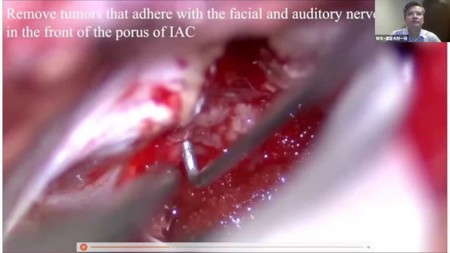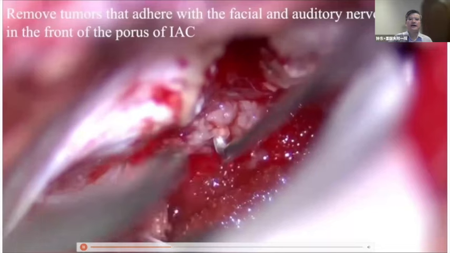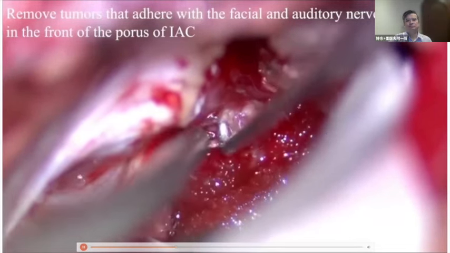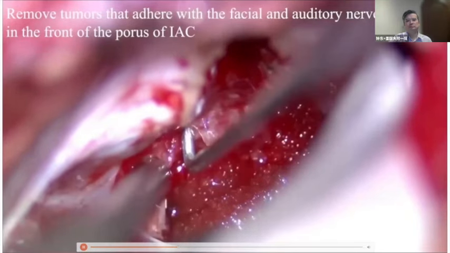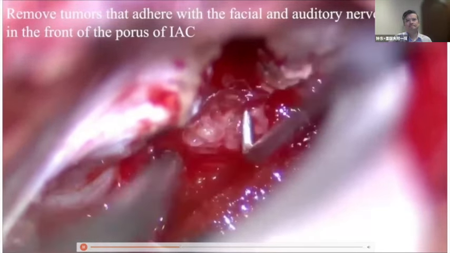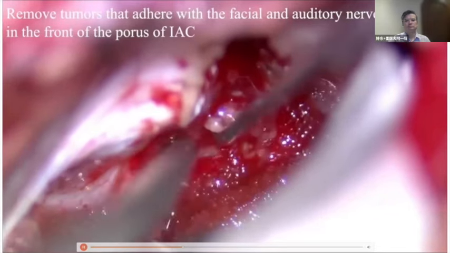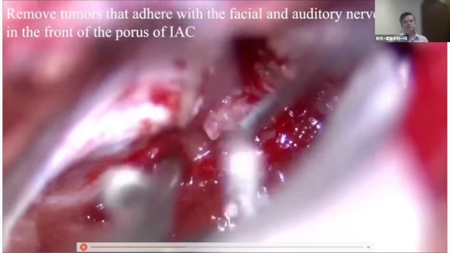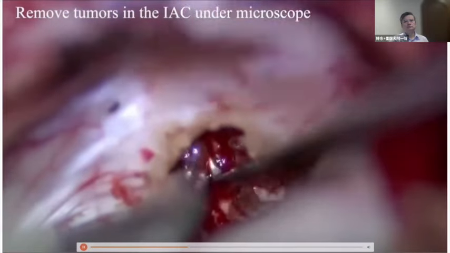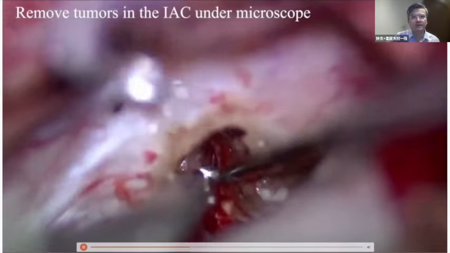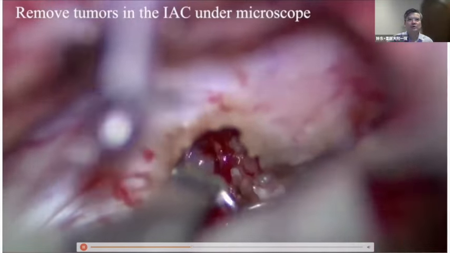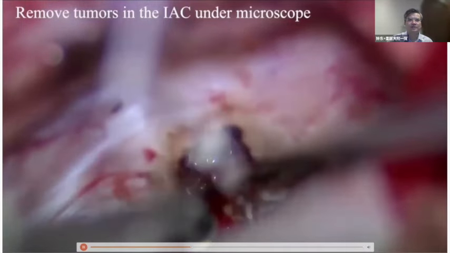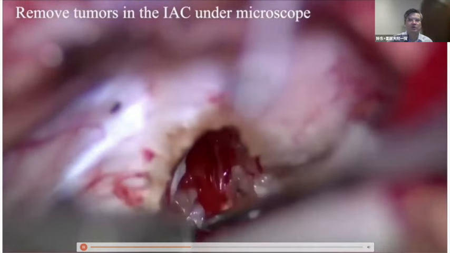Then remove tumors in the IAC under microscope. We suck the tumor with suction backward and pull the tumor towards the porus of IAC and separate the tumor from the facial and cochlear nerve.